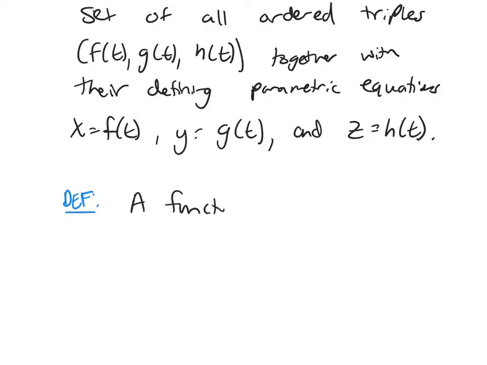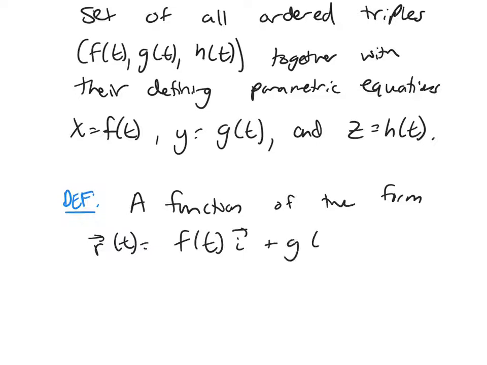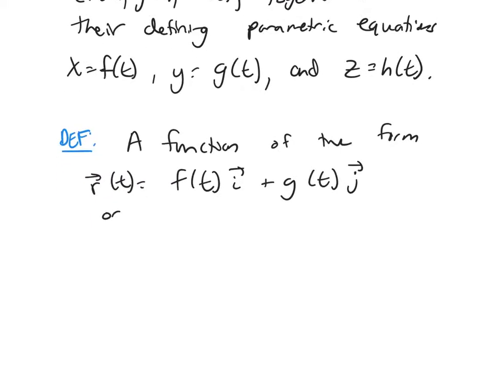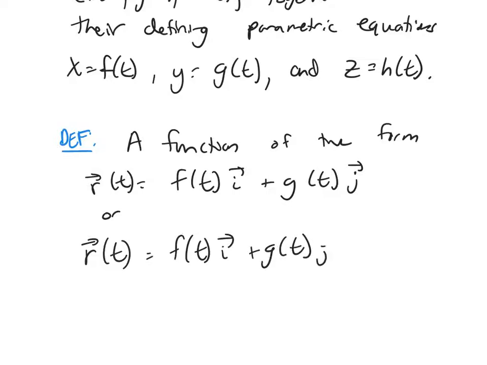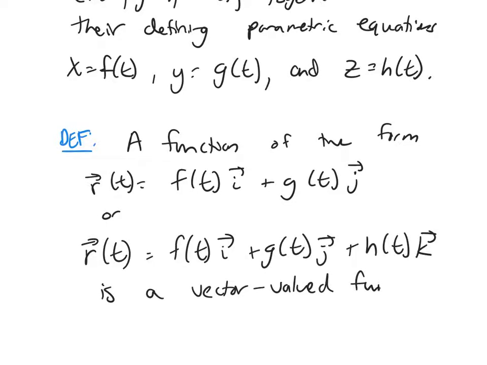A function of the form f of t i plus g of t j, that's if it's a two-dimensional curve, or if it's three-dimensional, you'll have an i, a j, and a k component, f of t i, g of t j, and h of t k, is a vector valued function.